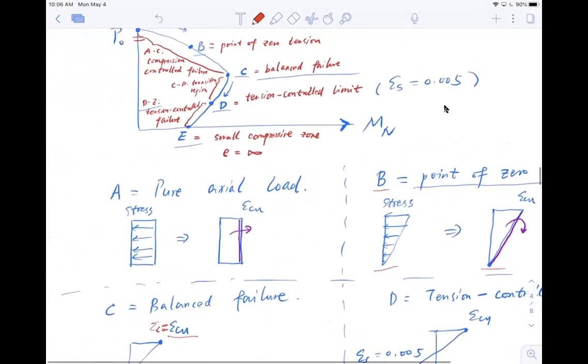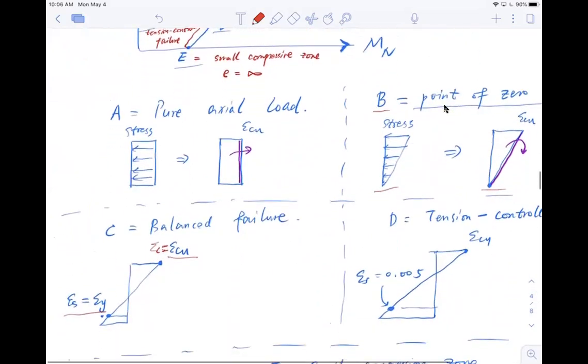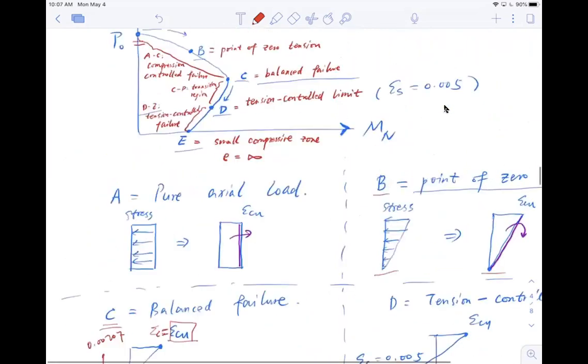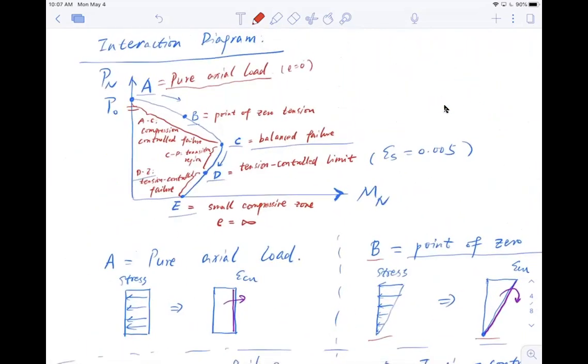So we subsequently calculate this point B, and we can reach the balance figure, point C. Balance means whenever my concrete reaches the compressive strength or failure strain, epsilon cu, my strain in the steel reaches yield strain, epsilon y. Don't forget the yield strain for steel is 0.00207. And then we keep loading it.